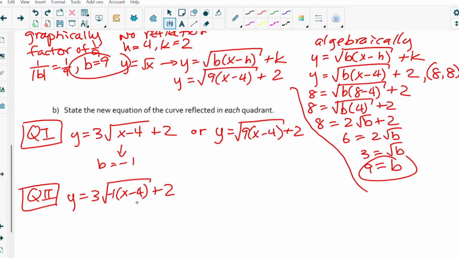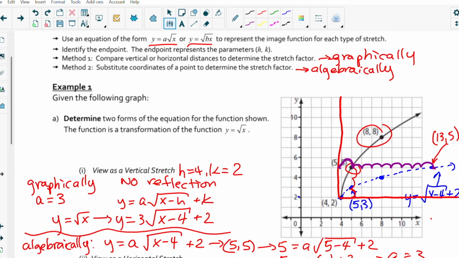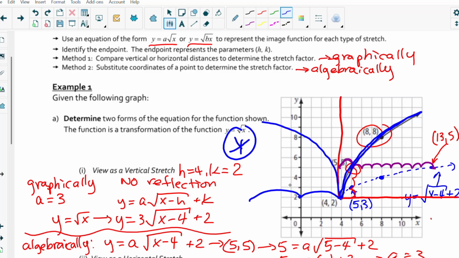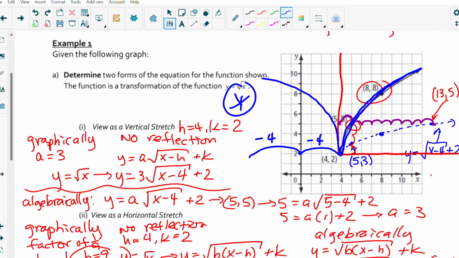If I do that, though, this is going to change the translation value, right? So if I reflect this, let me do this in blue. If I take this graph and I reflect it as it sits, it's going to look like this. But I want it in quadrant 2 here. So I need to translate it over 4 units and another 4 units. So I need to do -4, -4, -8 in all.